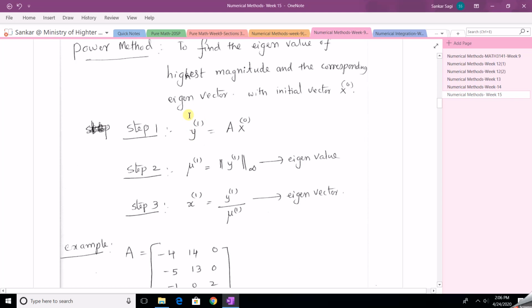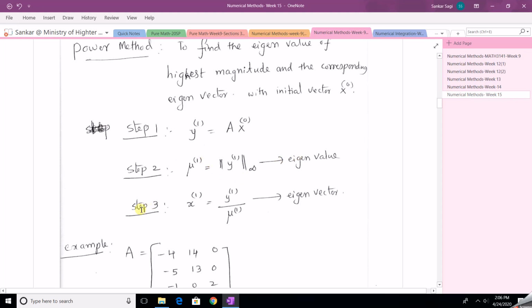Before, in the previous definition, we have seen how to find the L infinity norm of a vector. So here you find the L infinity norm of this vector y1. This L infinity norm of y1, we call it mu1. That will be the eigenvalue. So L infinity of this y1 will be the eigenvalue.